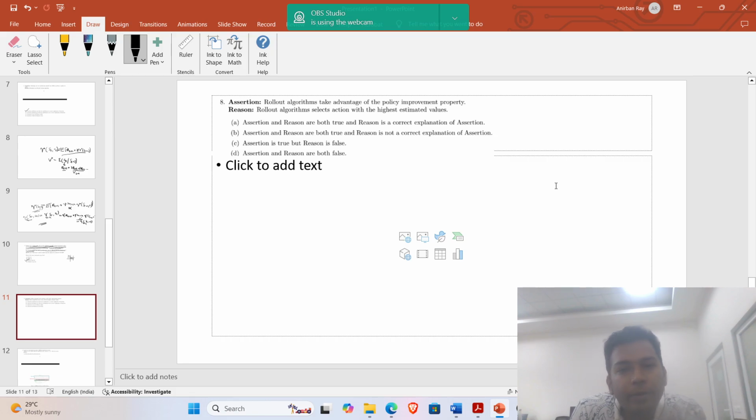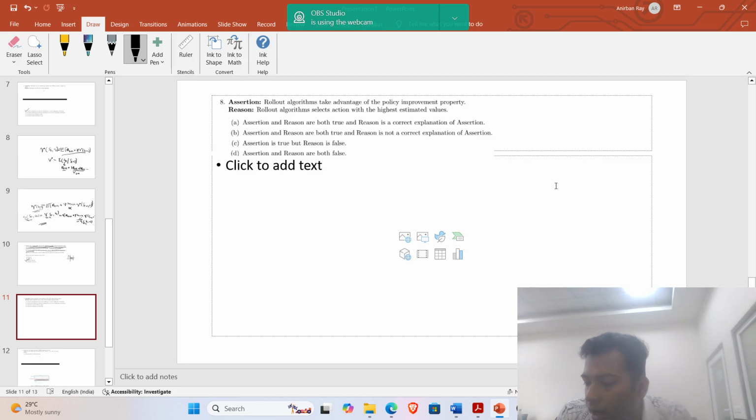So the policy improvement property. So what does it mean actually? Let me explain. So in this you're taking the actions such that, the point is that if the problem has inherently more variability, then you cannot take too many actions.